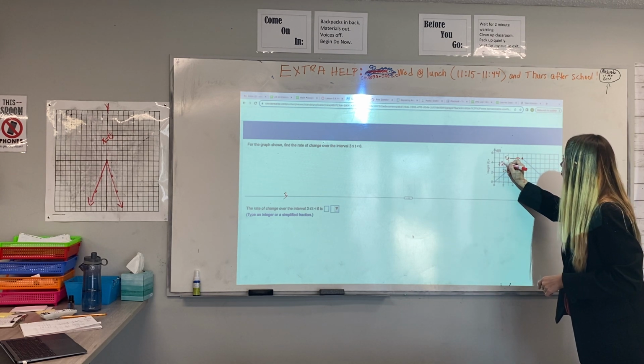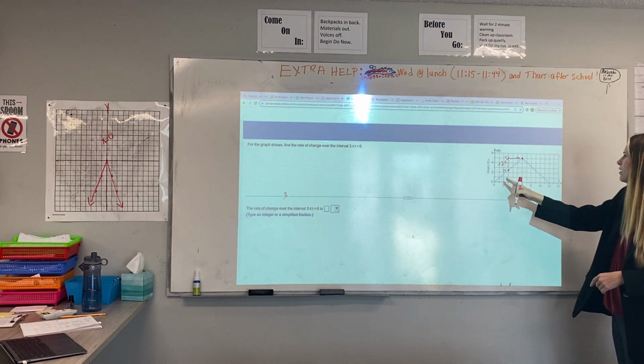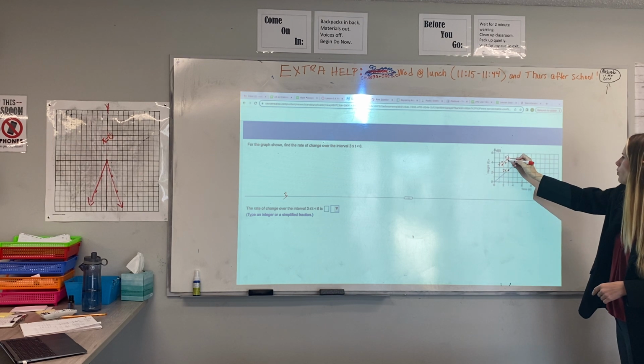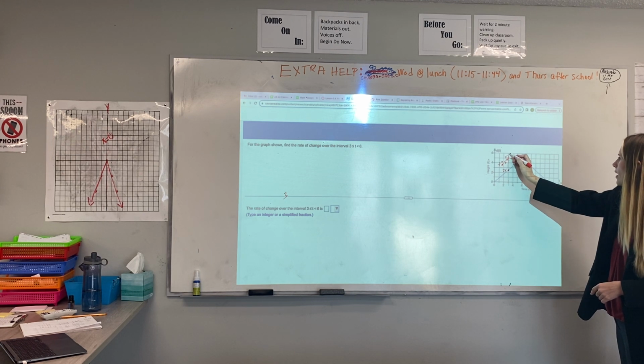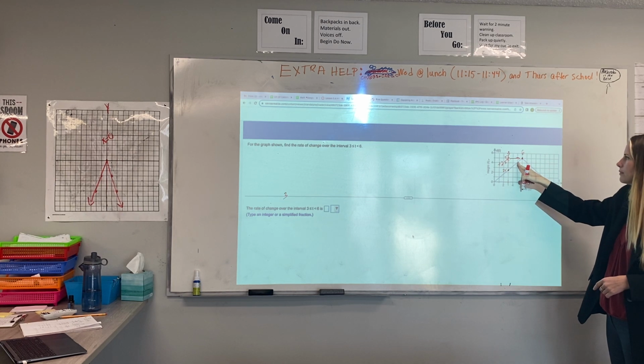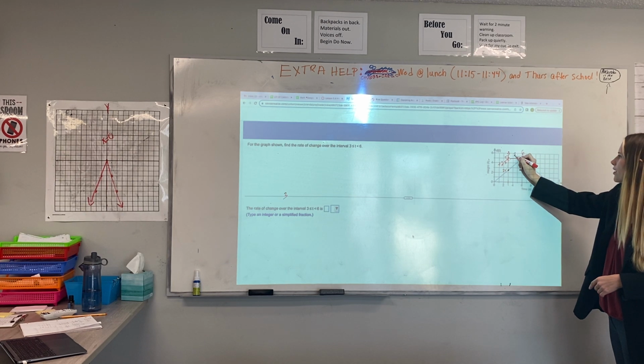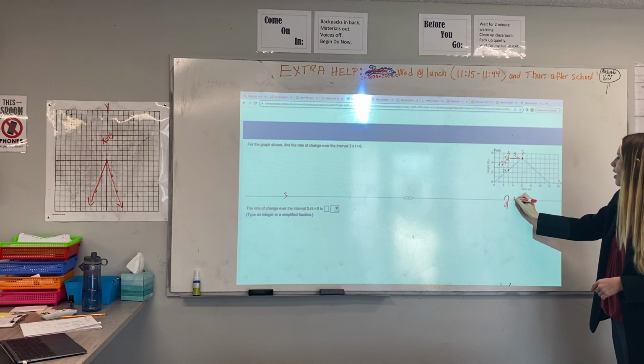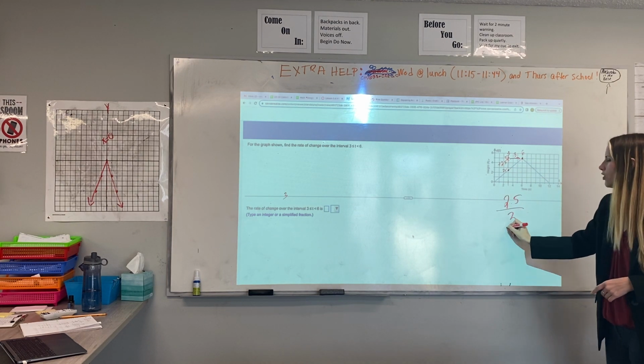So positive 2.5 because it's going up. And then the run would be from here, which is 3, to here, which is 6. What's the run? 3, very good. So the rise is positive 2.5 over the run, which is 3.